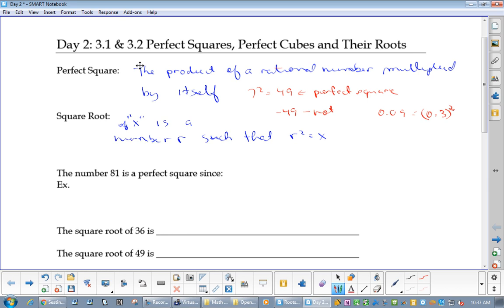So it says the square root of x is a number r. So what am I trying to say? Well, the square root of 49 equals 7. So this is x and this is r. Now, is r squared equal to x? Yeah, 7 squared does equal 49. That's all that's saying, right? r squared equals x. Square root of x equals r.